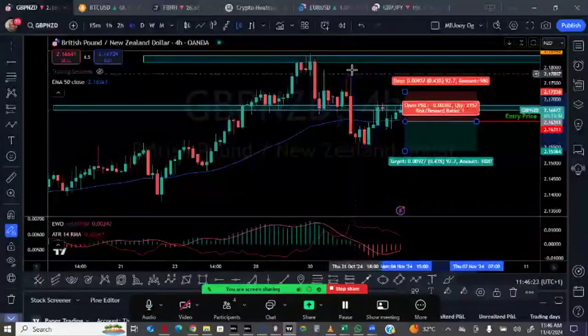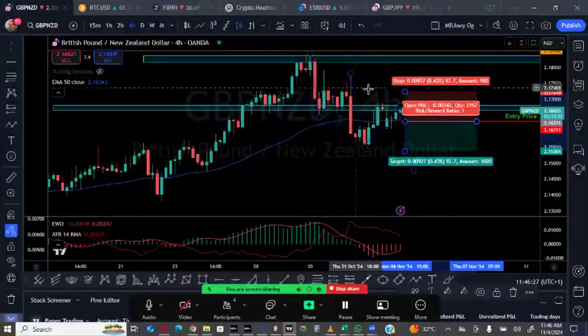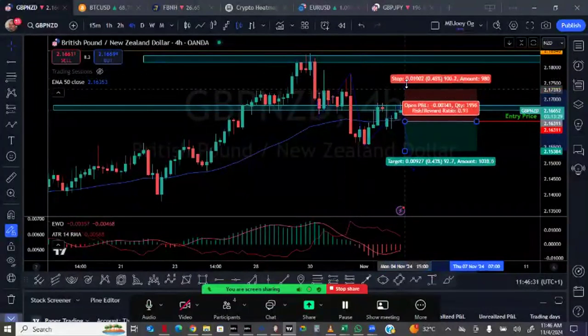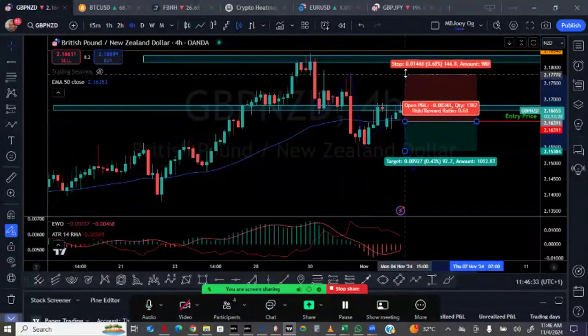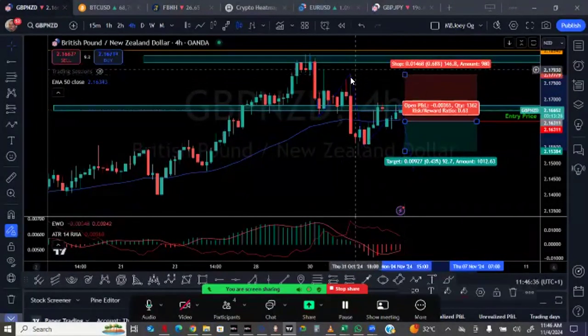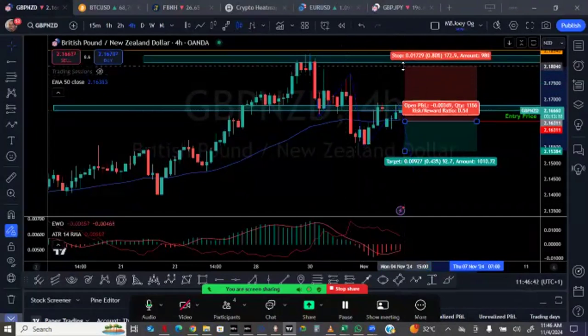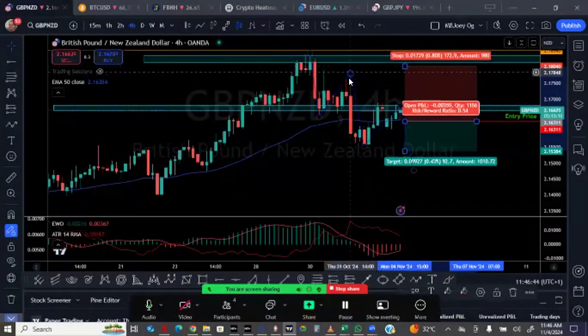So where's our most recent high here? Here, right? Yes. So that means we are not putting it exactly on the high. This is exactly on the high. Can you see it? So it will be slightly above the most recent high, which is this case. Is this clear?